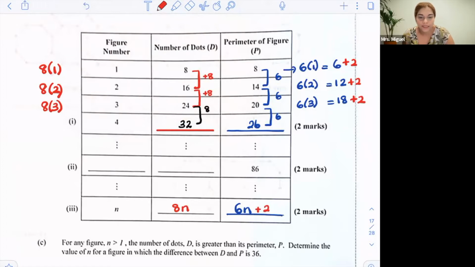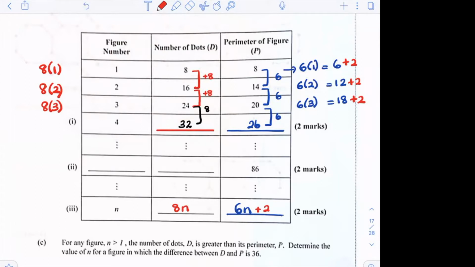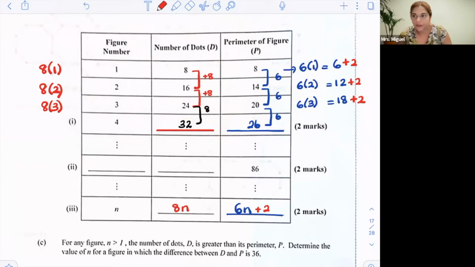Do you all see that the formula has increased now by 2? Yes, miss. All right. So take down whatever you need on the screen. You have 1 minute. Then we're going to secure these 2 marks here.